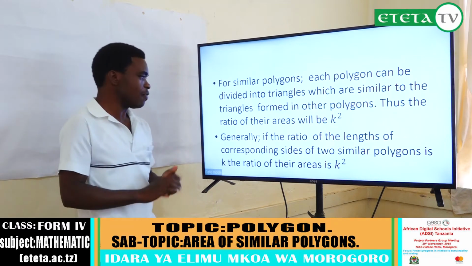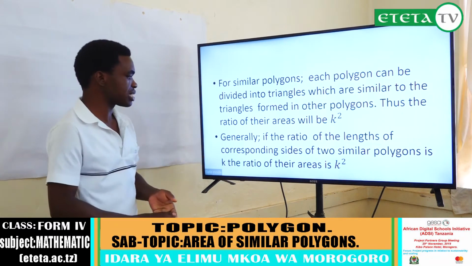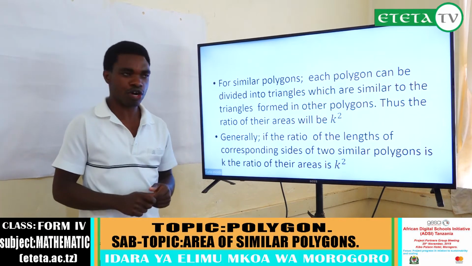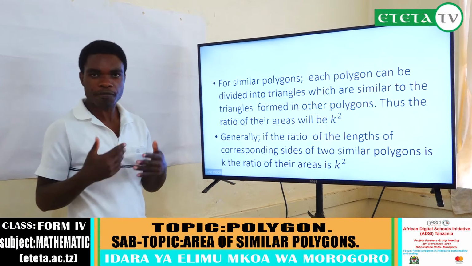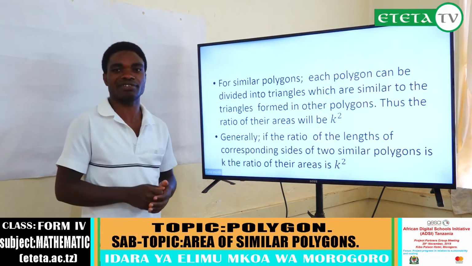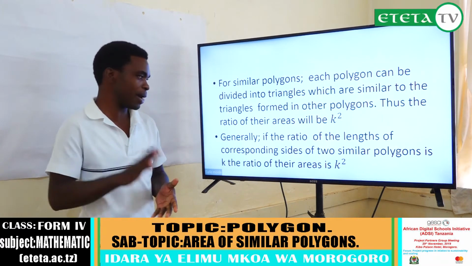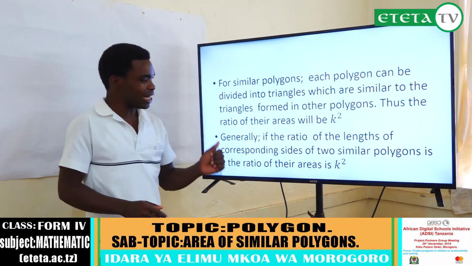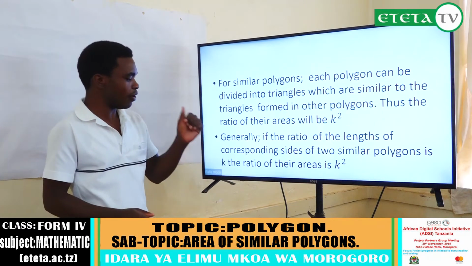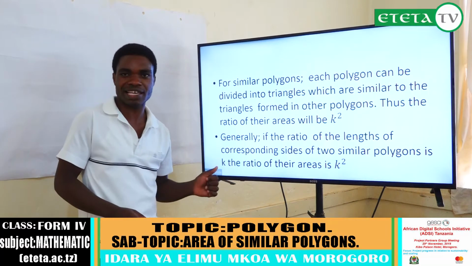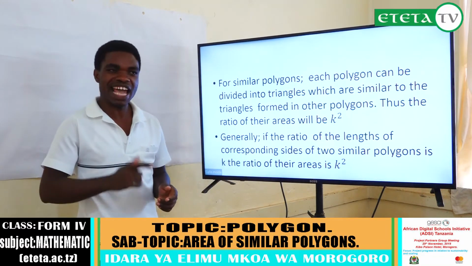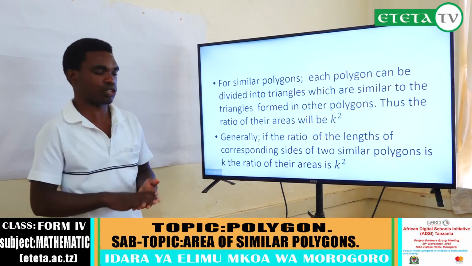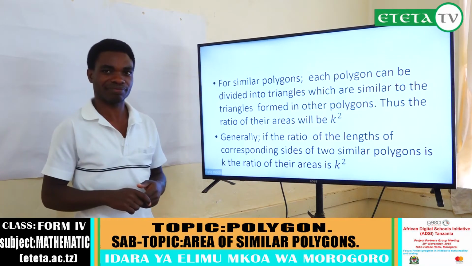So generally, if the ratio of the lengths of the corresponding sides of two similar polygons is K, then the ratio of the areas will be K squared. Keep in mind that if the ratio of corresponding sides of two similar polygons is K, therefore the ratio of the areas is going to be K squared.